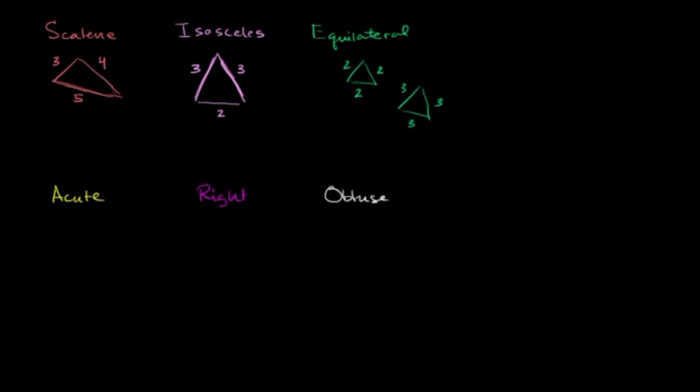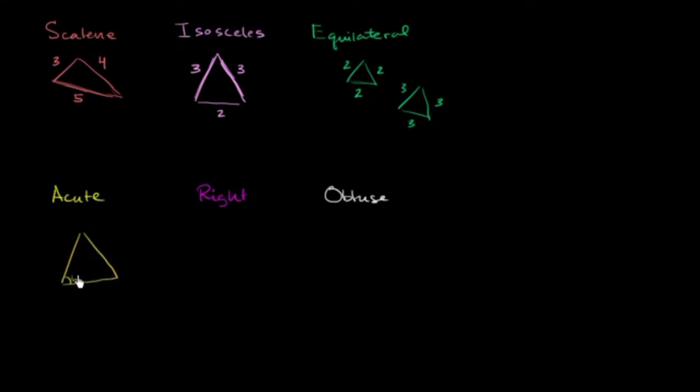So for example, a triangle like this, maybe this is 60. Let me draw it a little bit bigger so I can draw the angle measures. I want to make it a little bit more obvious. So let's say a triangle like this.